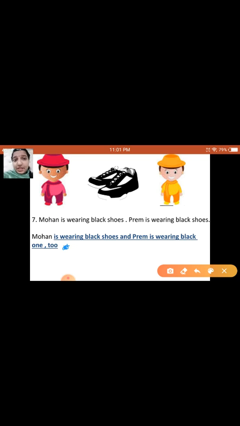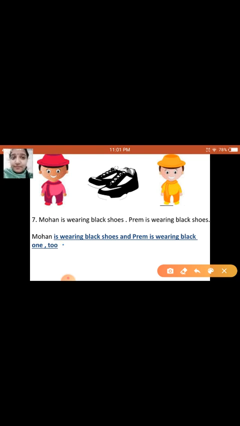Again I am repeating this question. Mohan is wearing black shoes. Prem is wearing black shoes. Answer: Mohan is wearing black shoes and Prem is wearing black one, comma, two, and then you have to put a full stop over here.